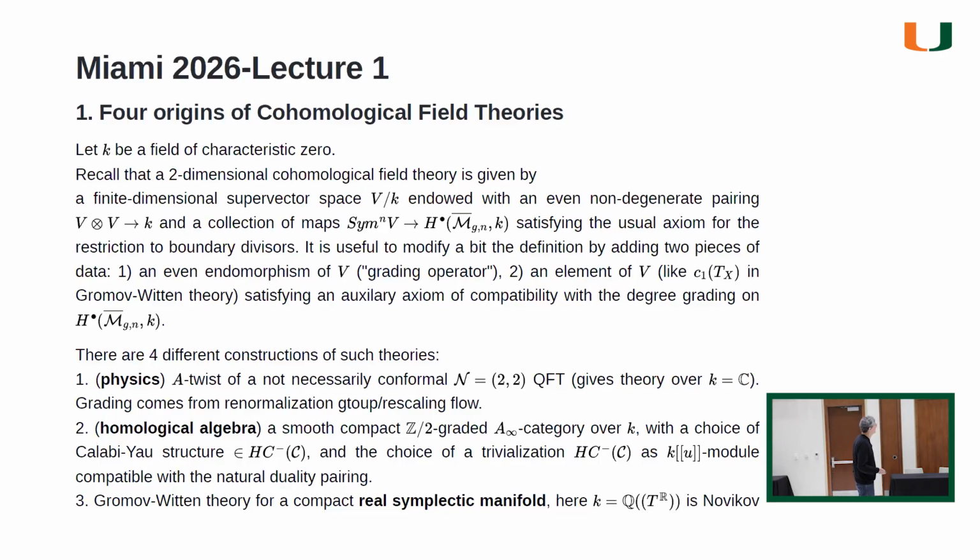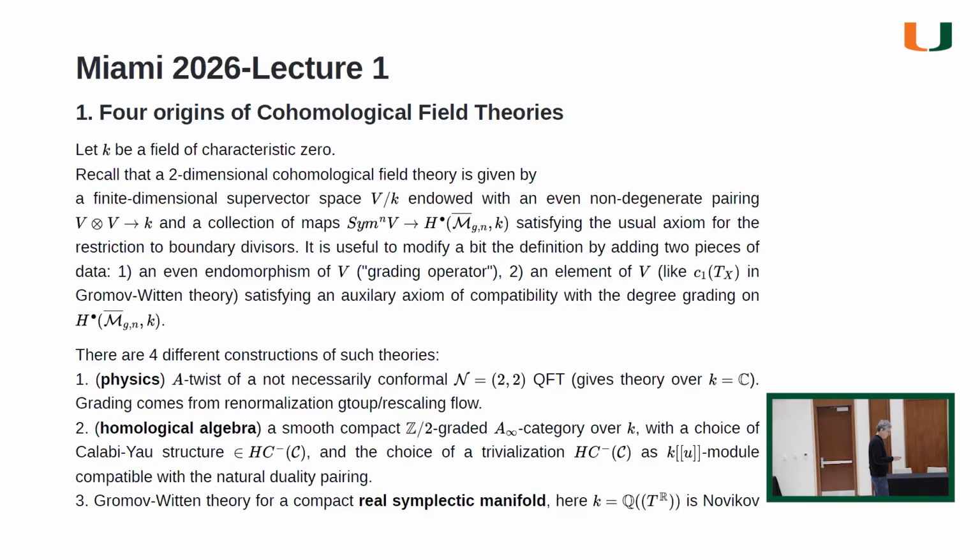Here you directly see curves, not like in homological algebra, where you don't see complex curves. You do something like ribbon graphs instead of curves. Gromov-Witten theory can be done for real symplectic manifolds, and the field, for convenience, is the Novikov field, because you should consider curves of arbitrary degree.